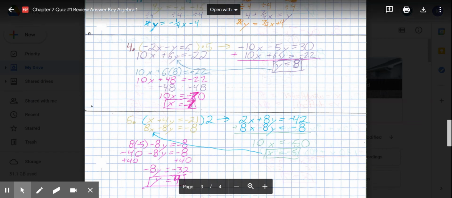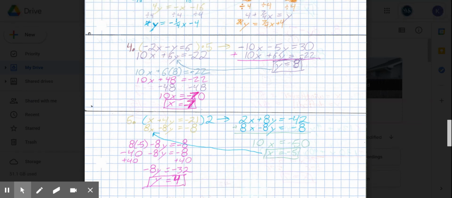So 10x plus 6 times 8 is a negative 22, meaning 10x plus 48 is a negative 22. Subtract 48 from each side. 10x equals negative 70. Divide by 10, and x equals negative 7. So our answer would be negative 7, comma 8.